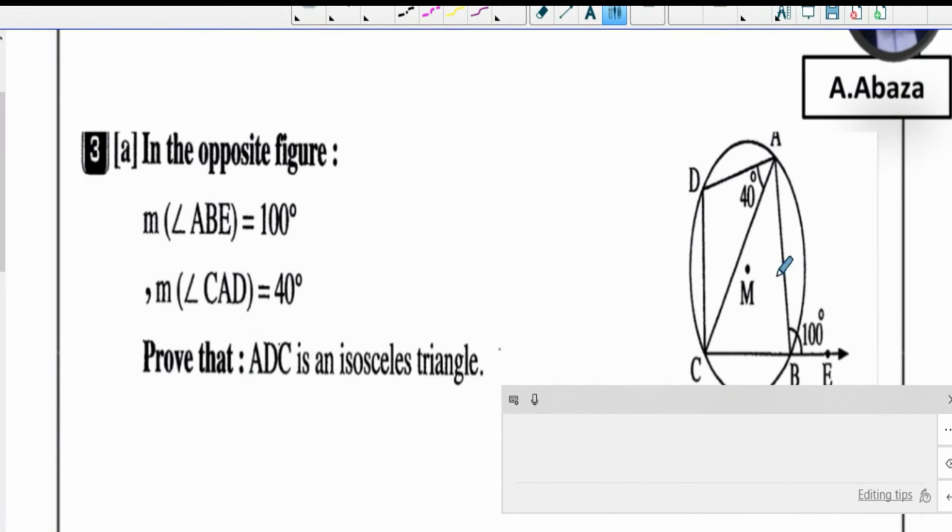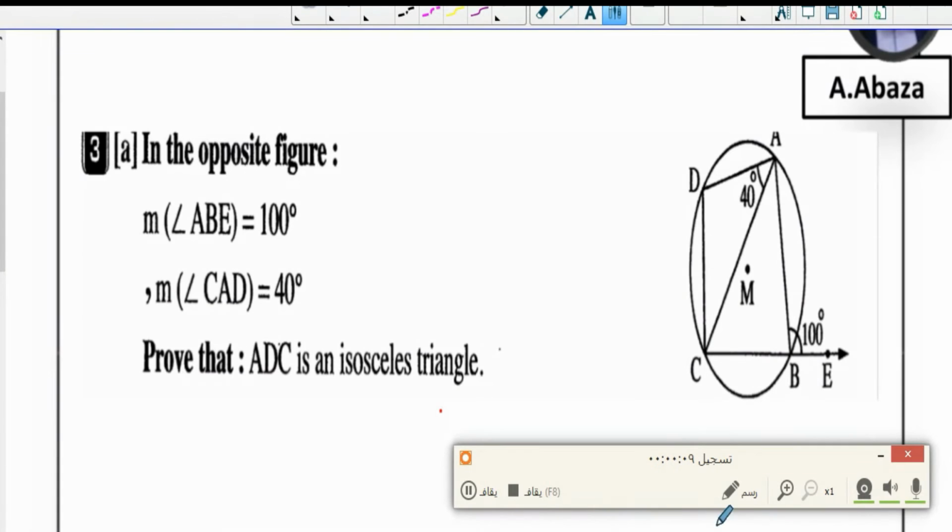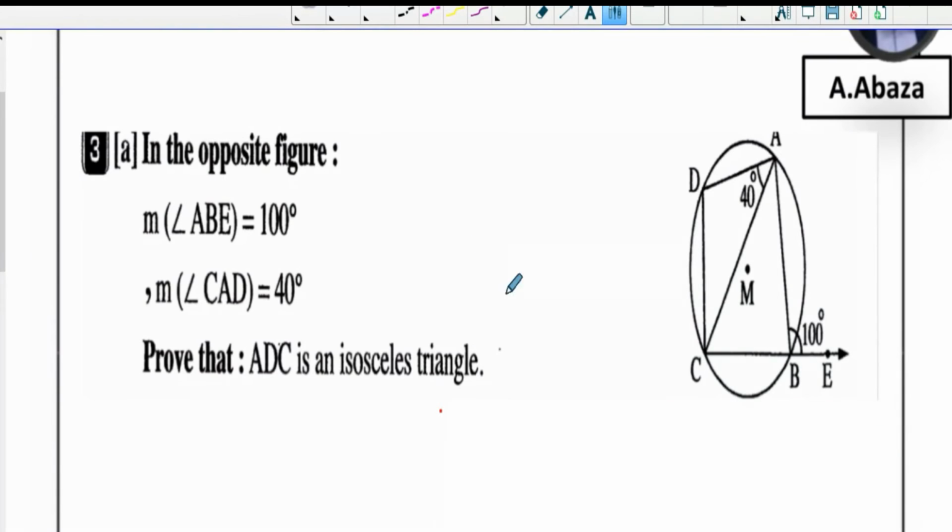Question 3. In the opposite figure, measure of the angle ABE equals 100 and the measure of the angle CAD equals 40 degrees.